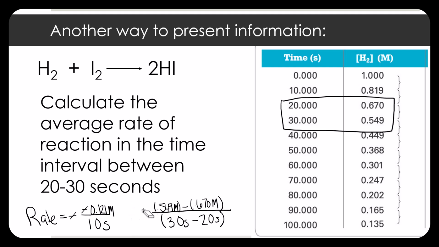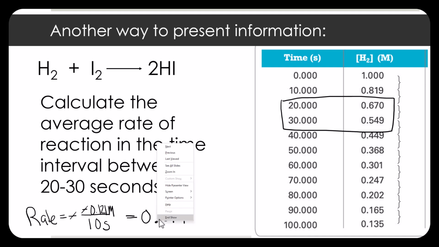I'm going to divide these two numbers. We're going to take 0.121 divided by 10, and we get our rate equals 0.0121. Now the units on rate. For the past couple of chapters, we haven't really talked a lot about units, but units in this chapter are going to be incredibly important.